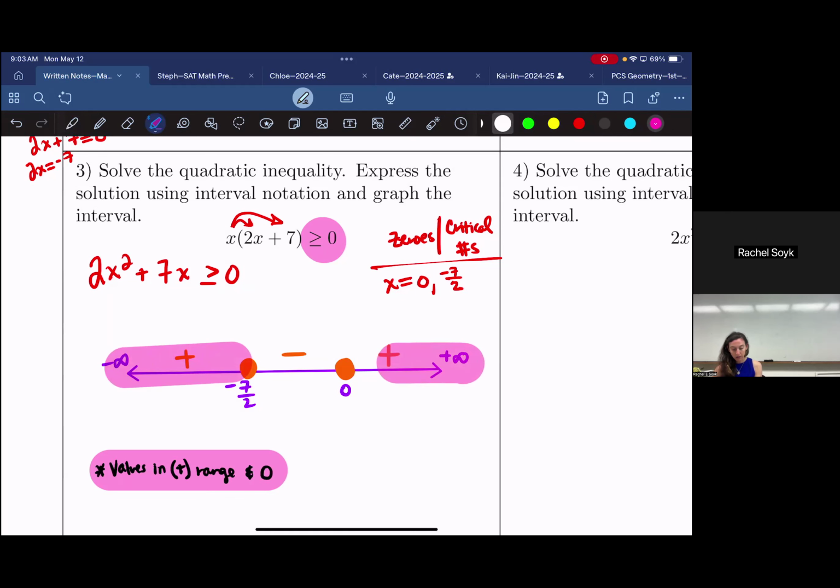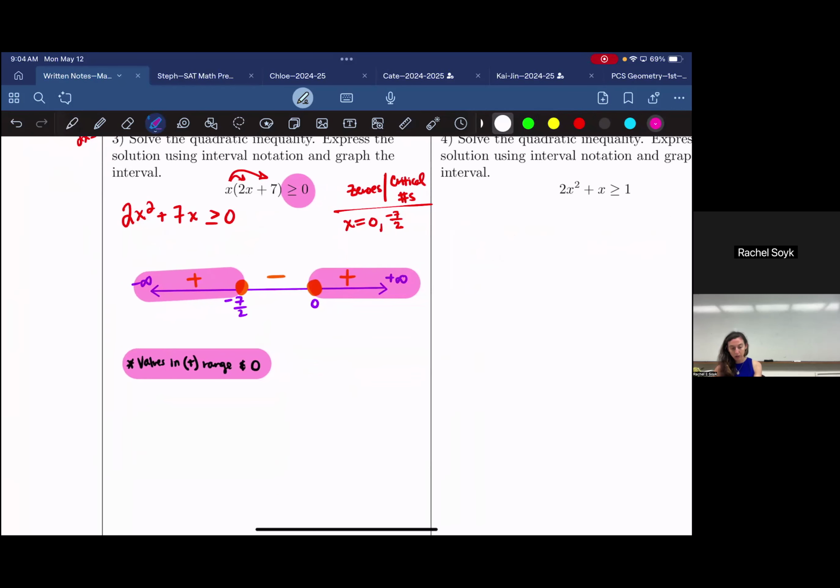So our last and final step is putting this into interval notation, where we have -infinity to -7/2. It's a hard bracket because our circle is closed. Union 0, another hard bracket because our circle is closed, comma, +infinity. We're done.